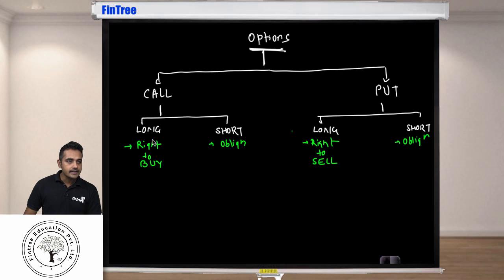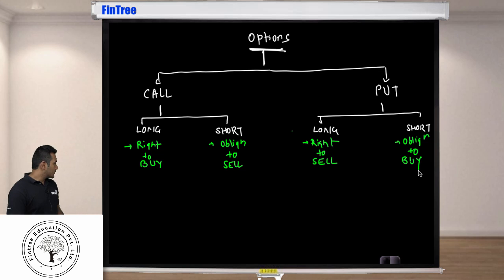Now if this guy has a right to buy, then short is going to have an obligation to sell. And this is going to be an obligation to buy. So right to buy, obligation to sell, right to sell, and obligation to buy.